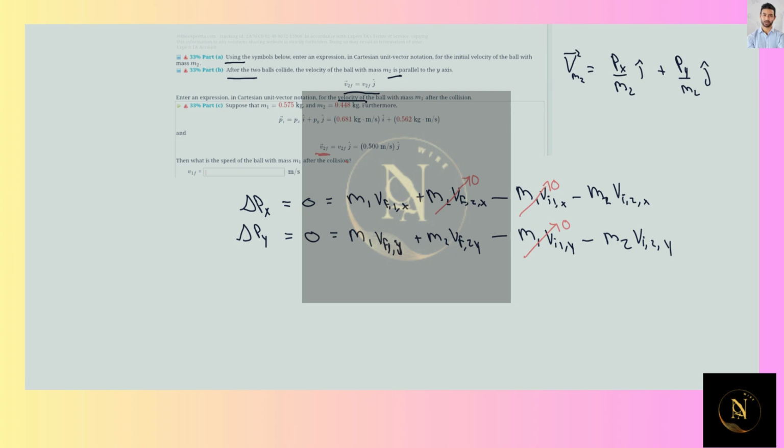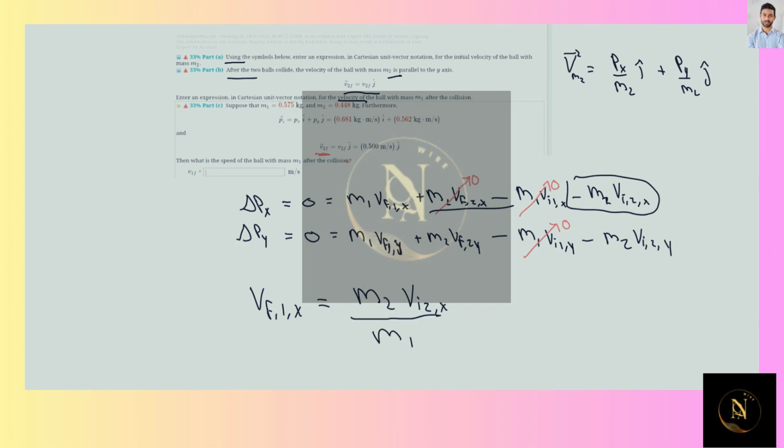Now, applying conservation of momentum, the final velocity for 1 on x would be equal to, since both of these factors are going to be equal to 0, the only one surviving would be m2 initial velocity of 2 on the x-axis divided by mass 1.